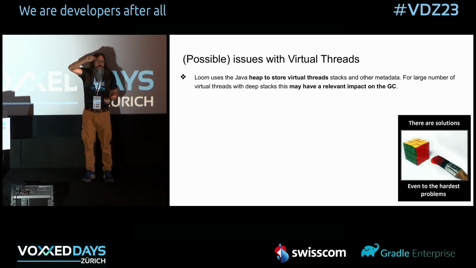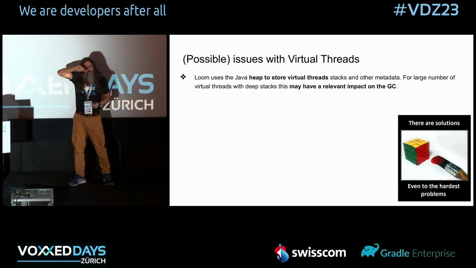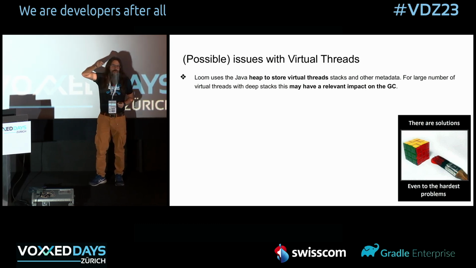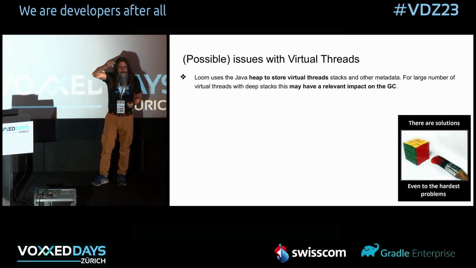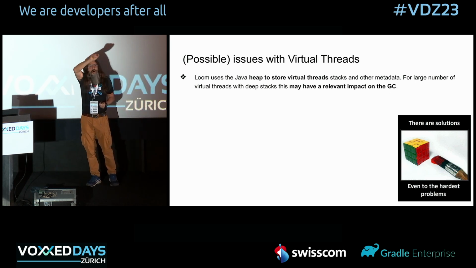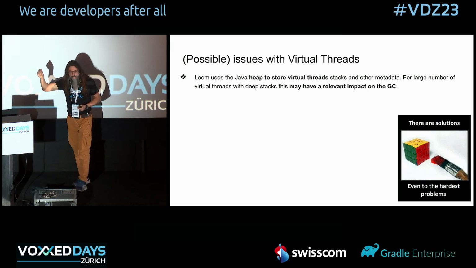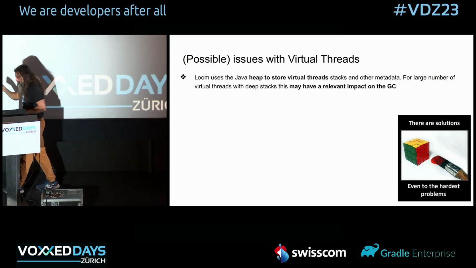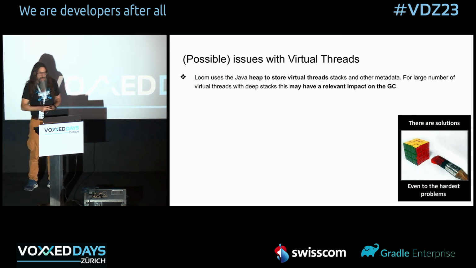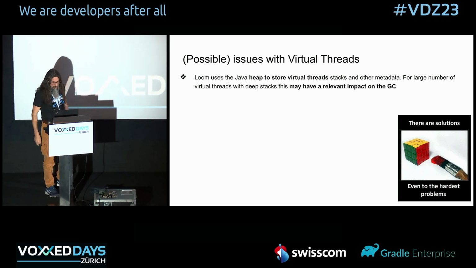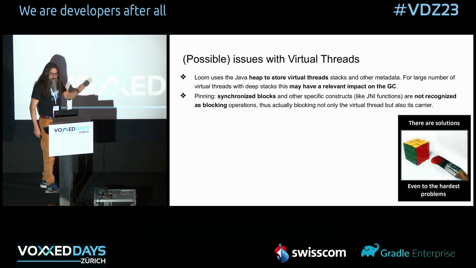While virtual threads are not like that, they are not roots of the garbage collector. So if you have 1,000 virtual threads run by 8 carriers, you only have 8 roots of the garbage collector, not 1,000. So this plays to the advantage of virtual thread, of course, okay?